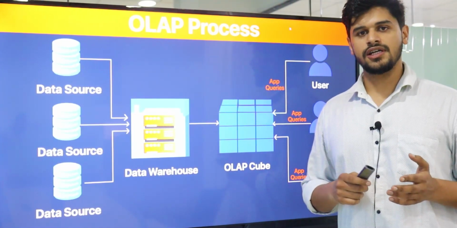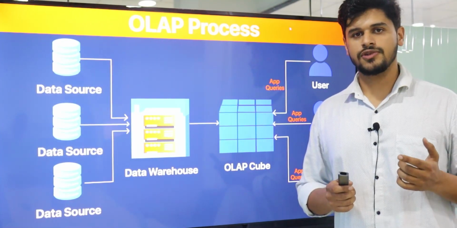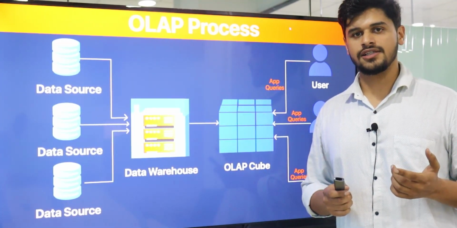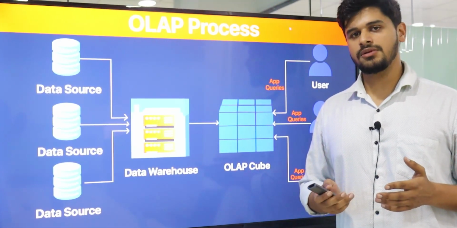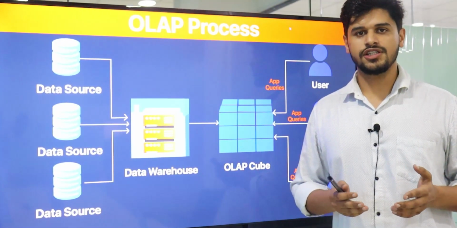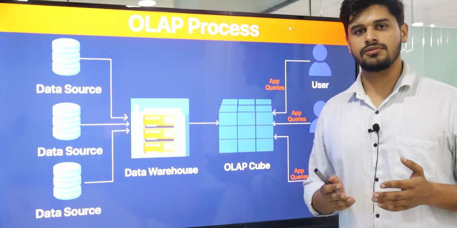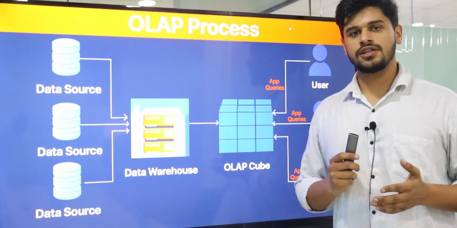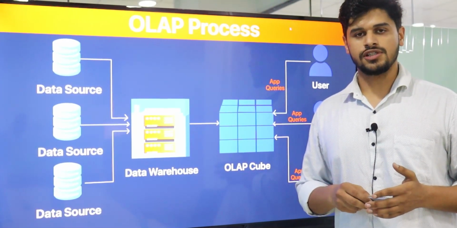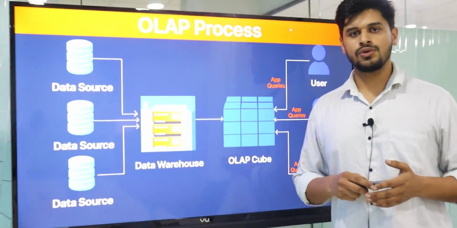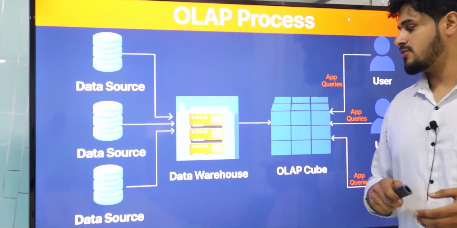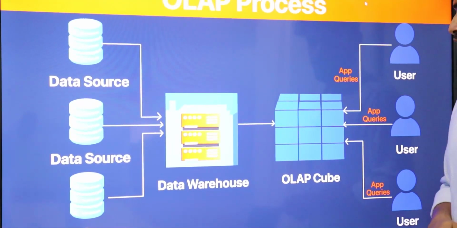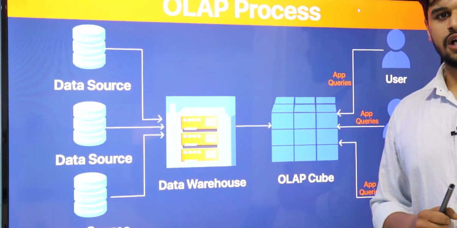As we can see from the names, one focuses on analysis and the other focuses on transactions. Most of the existing traditional databases like Postgres and MySQL use the OLTP process, but DuckDB uses OLAP. The benefit of using OLAP is basically this OLAP cube. We will discuss this OLAP cube now.